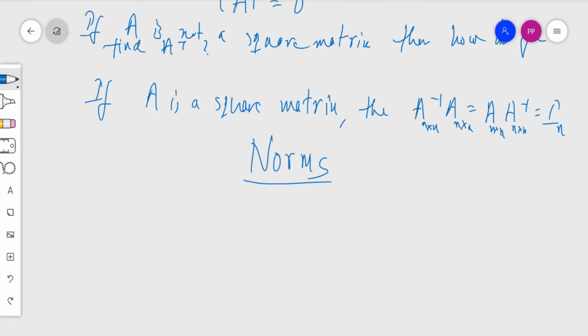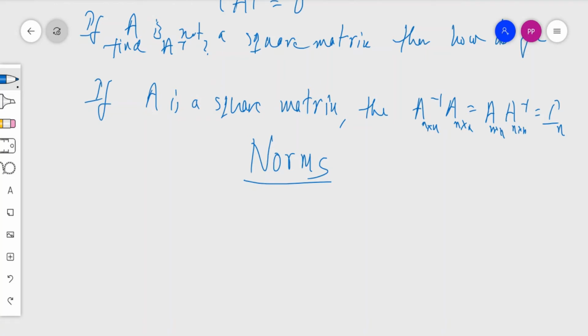So norm is possibly a mapping from a domain of real numbers to the domain of real numbers. Before you look into the properties of the norms, let us consider the L1 norm, because once we have a definition of the L1 norm, we can understand the properties, then we can try to understand what are the other kinds of norms. So we shall start with the L1 norm.